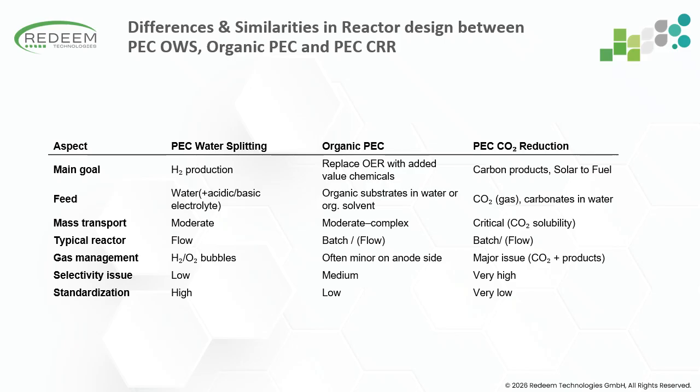With all three fields sharing the same photoelectrochemical fundamentals, the dominant engineering challenge is not the same: from light and gas management in water splitting to reaction selectivity in organic PEC, and finally to coupled mass transport, especially in multiphase, and selectivity in CO2 reduction.